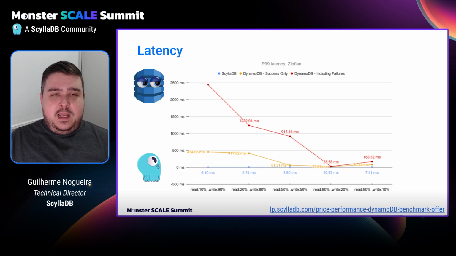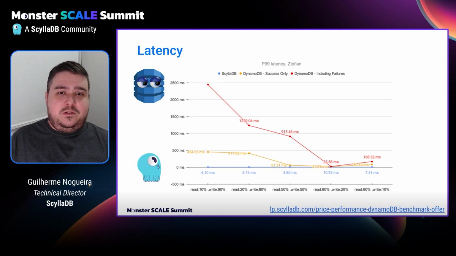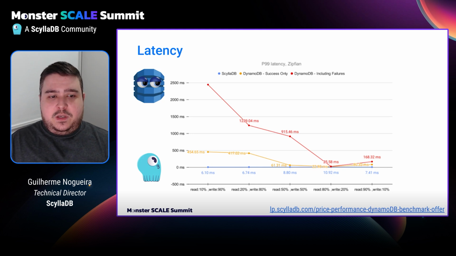And we see that on a use case that is high write oriented and you have a lot of contention of writes, queuing and retrying can lead to a very large tail latency increase, especially for those use cases. If we account for the success-only operations, we see that latency drops significantly, but still you're dropping a request from your end user.